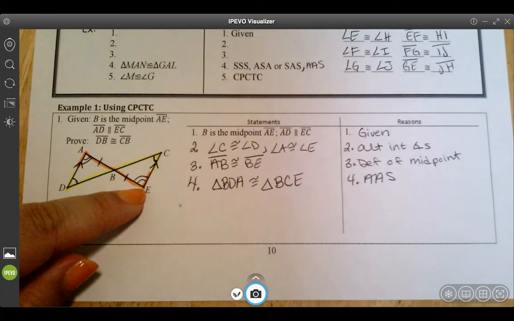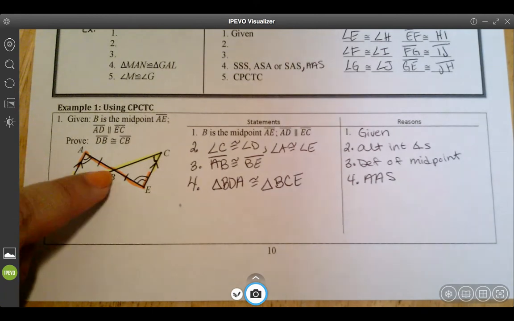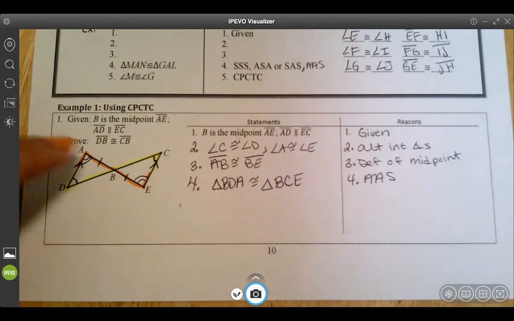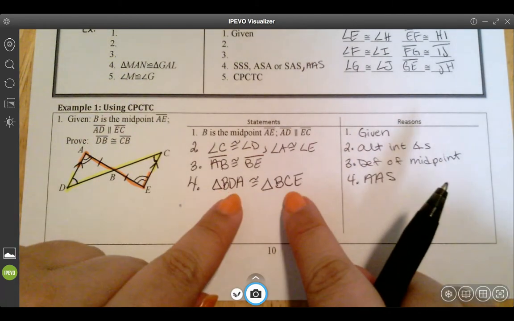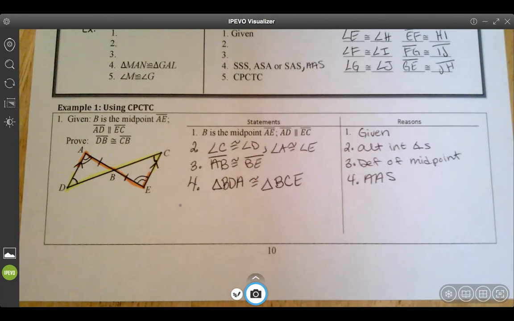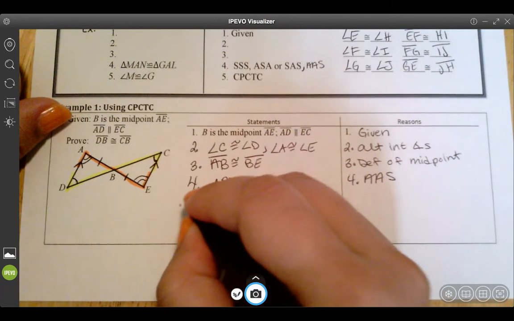Now the other way to think about this, because we have our highlighted colors, you can think of the yellow and orange angle, then the yellow angle, then the orange angle. But think about how each of these variables corresponds within the triangle. Okay? It is very specific the way that you write that congruent statement.